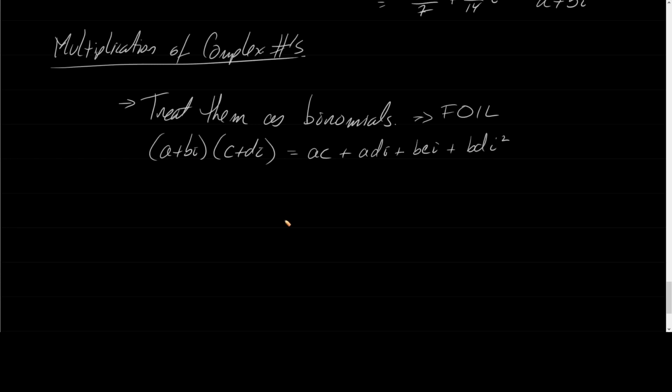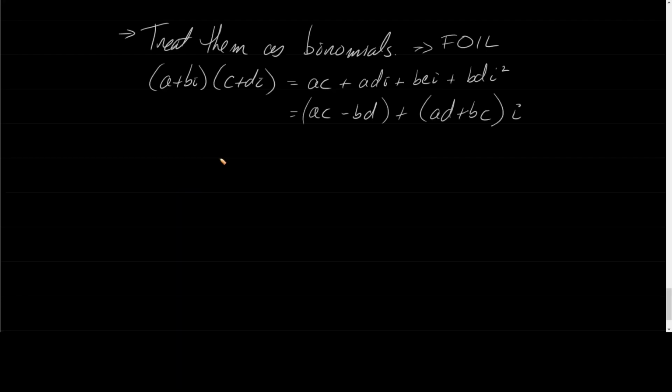And then we know that i squared is just negative 1, so we can have here ac minus bd plus ad plus bc i. That's what you end up with. Now, do I expect you to memorize it straight through? No, I expect you to know how to FOIL this.